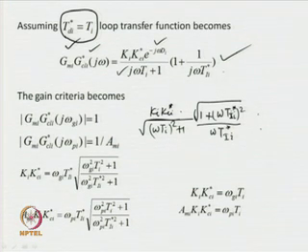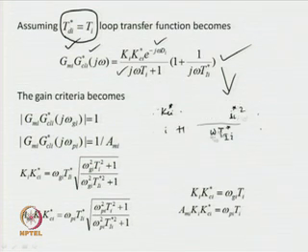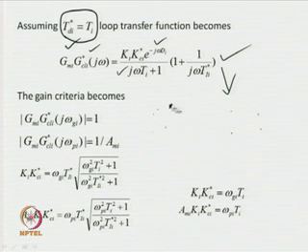So, the loop gain in absolute form can be represented in this form, but when we make use of the first expression, this can be further written in the form of Ki KCi star equal to omega gi Ti star times the square root of (omega gi square Ti square plus 1) upon (omega gi square Ti star square plus 1).